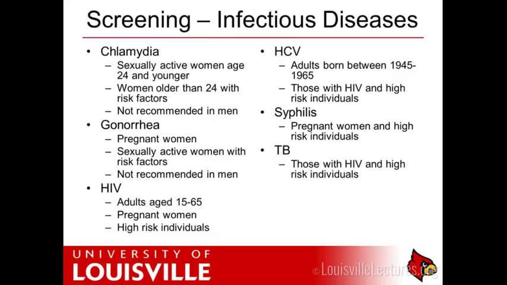Syphilis is going to be pregnant women and high-risk individuals. And TB, you're going to screen for anyone that has HIV, and anyone that has risk factors. We here are very familiar with the risk factors for TB. Any questions about those?